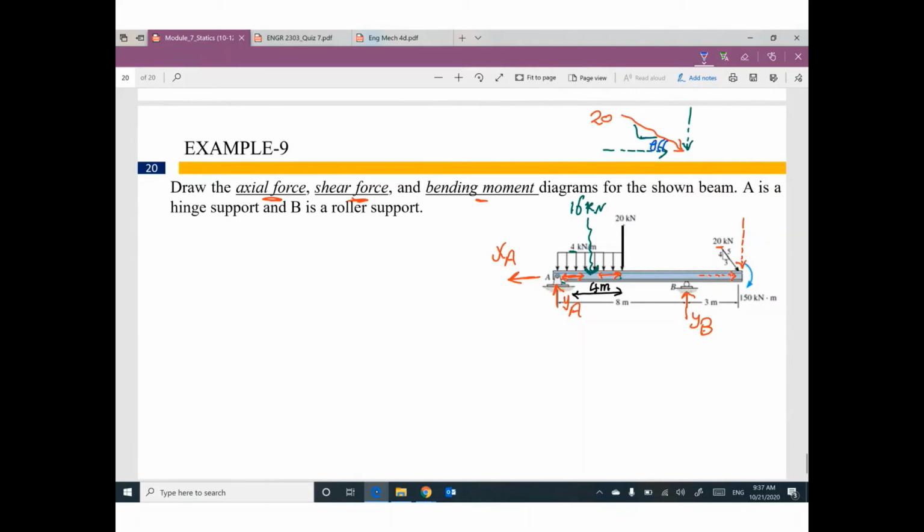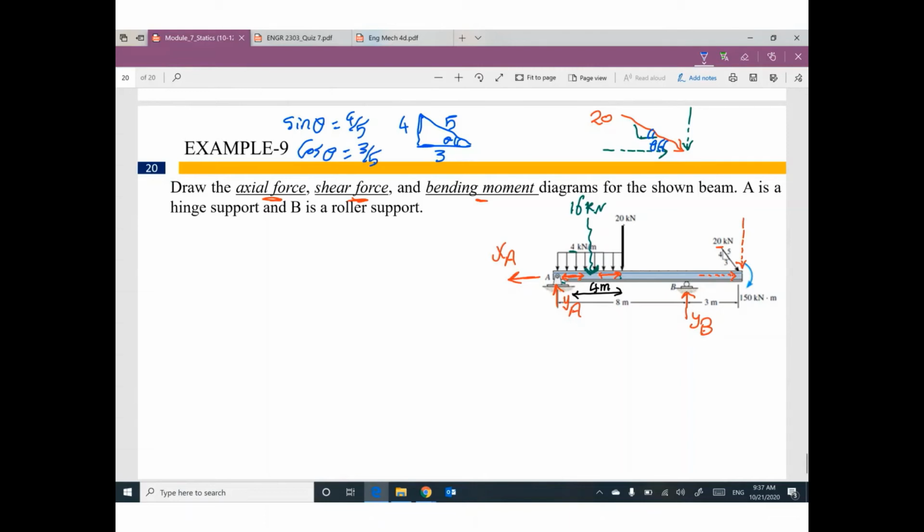This angle equal to this one in the right angle triangle. This one is 4, this one is 3, this one will be 5. So sine theta equal 4 divide 5. Cosine theta equal 3 divide 5.